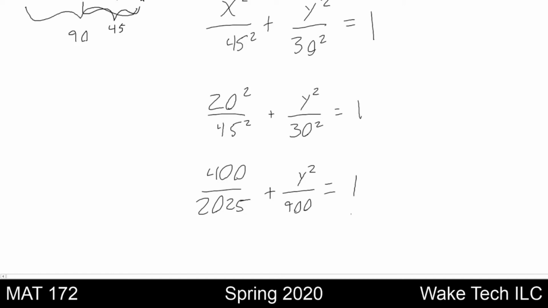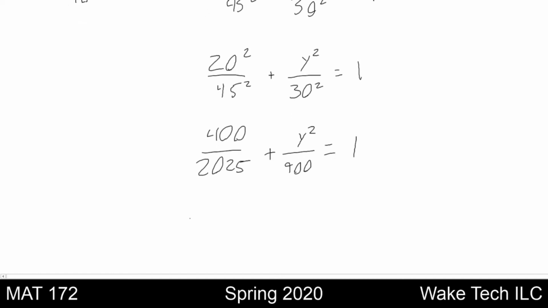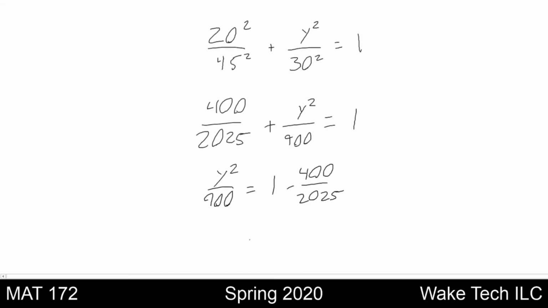We can then subtract the 400 2025ths and get y squared over 900 equals 1 minus 400 2025ths. And then when we perform that subtraction, in our fraction there, we'll have 2025 minus 400, which is 1625.